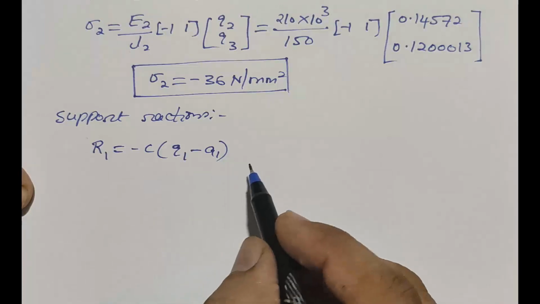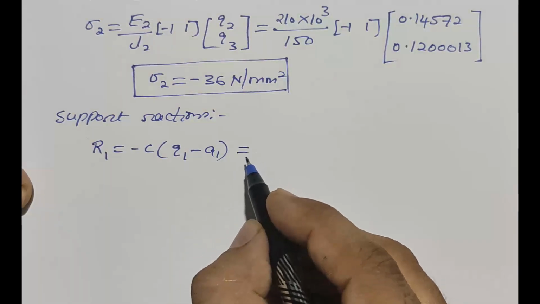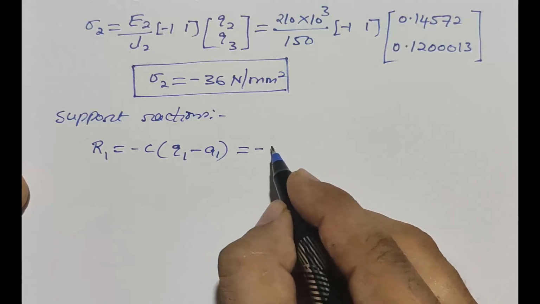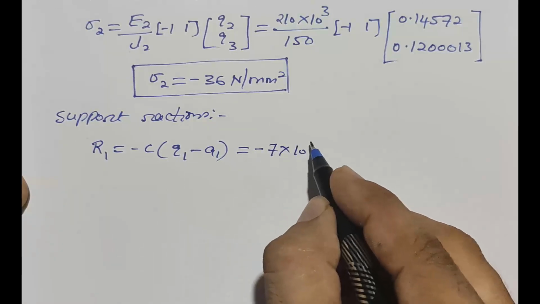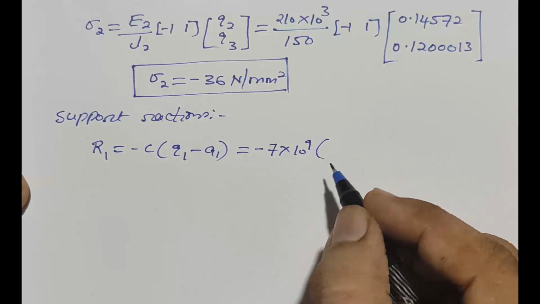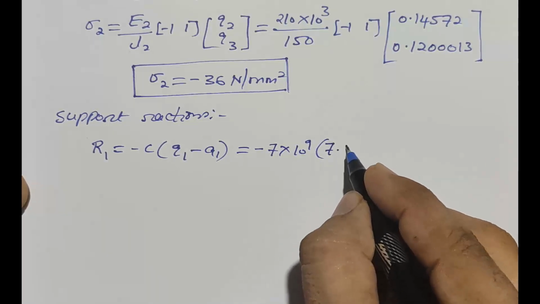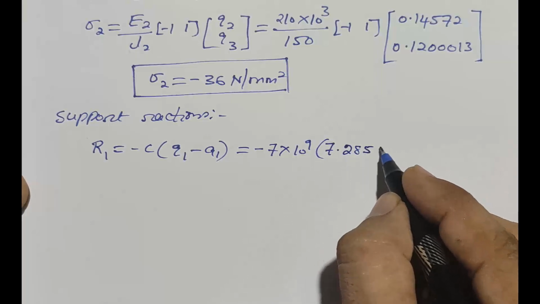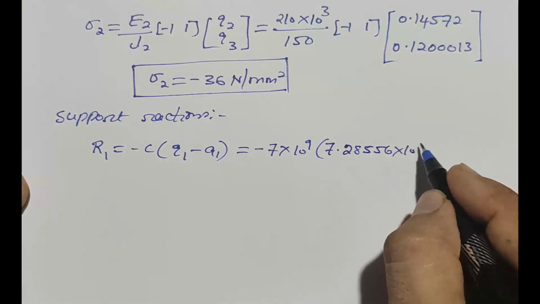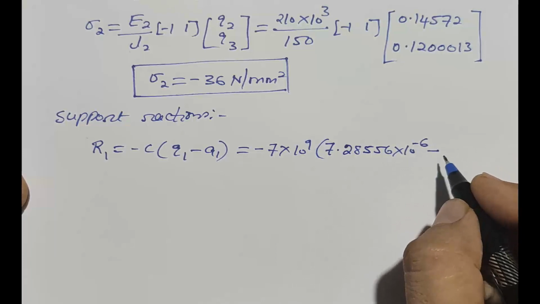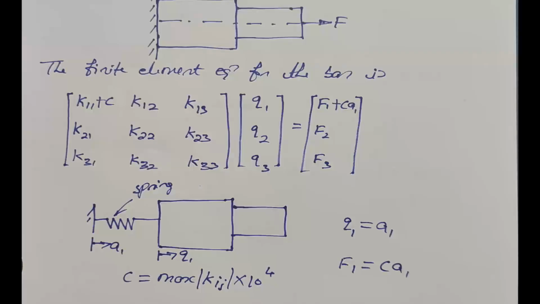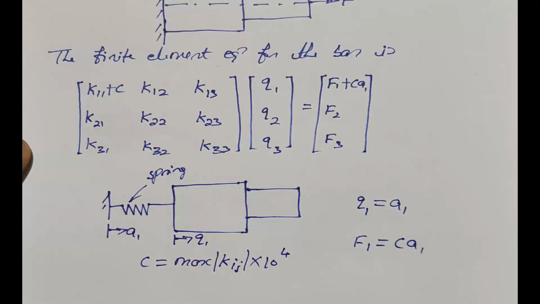Now if you substitute the given value, minus C, it is minus 7 into 10 power 9. Q1 is 7.28556 into 10 power minus 6 minus A1 is 0. See here, in penalty approach, the fixed support is modeled by using a spring having very large stiffness C. See, at one end of the spring, the displacement is A1, at the other end the displacement is Q1.